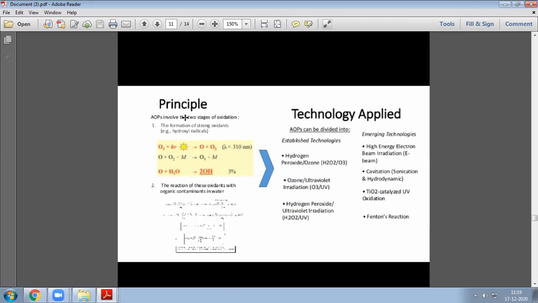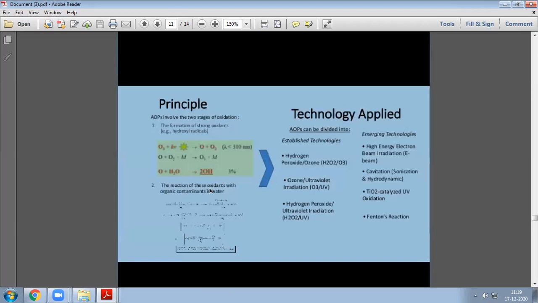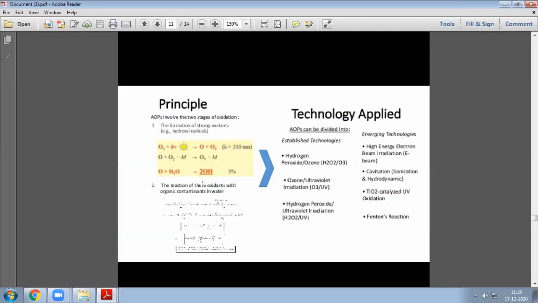It involves two stages of oxidation: the formation of strong oxidants like hydroxyl radicals, and the reaction of these oxidants with organic contaminants in water. These oxidant hydroxyl radicals start forming because of the ozone introduced to the wastewater.